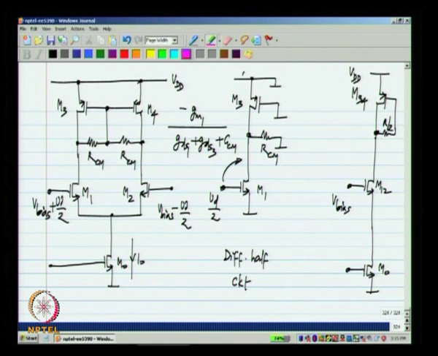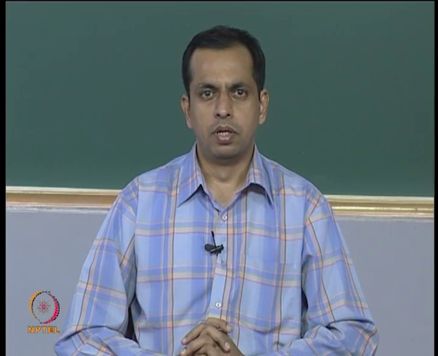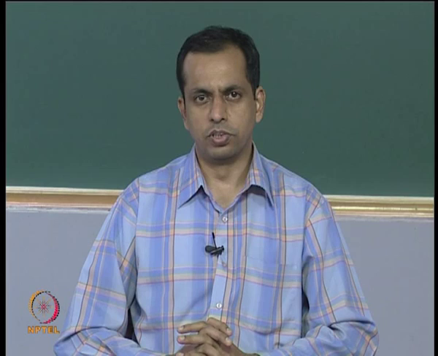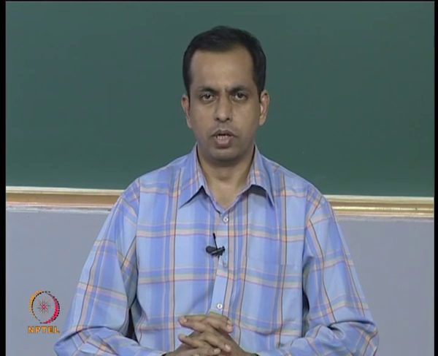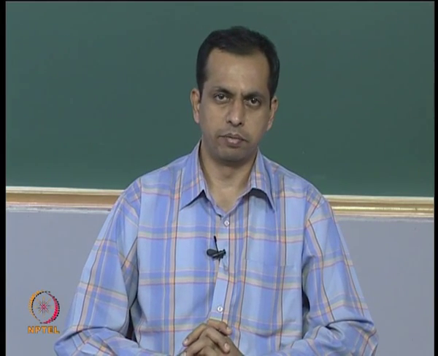Okay. Now, one thing you also notice is that the analysis of DC gain in this case, the fully differential op amp, is a lot easier than what we had to do for the single ended op amp. This is because the half circuit concept makes it very simple to analyze. Okay. We have only 2 transistors here with a resistor, and by inspection we can write down the expression for the gain. Okay.